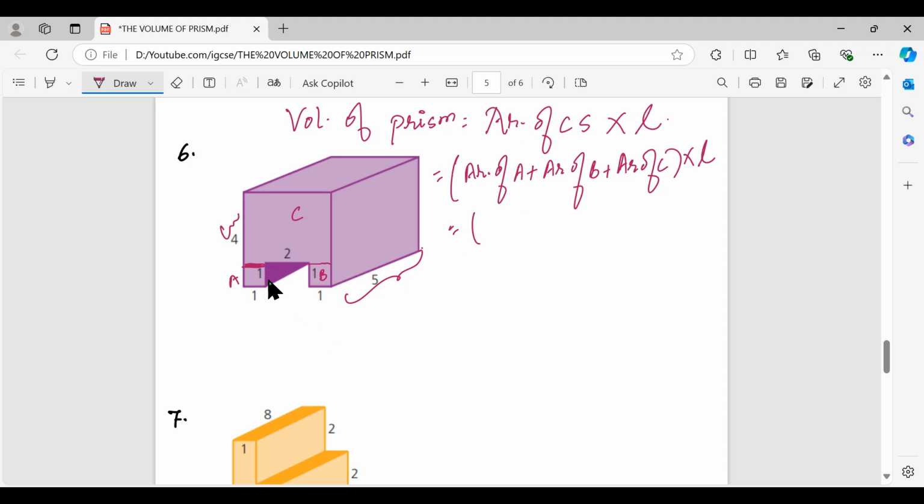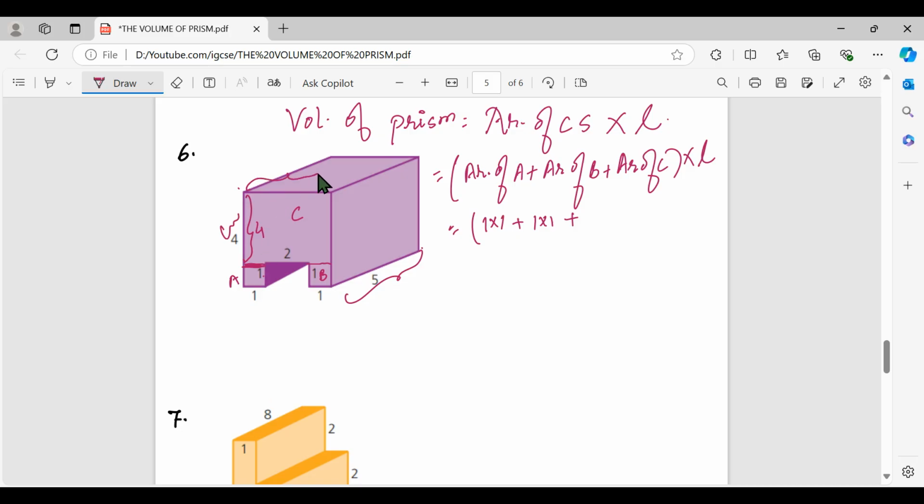Very clearly it is mentioned here 1, and this side is also 1. So we can write this as 1 into 1. This is a square shape only. Here also this is a square shape. 1 into 1 plus. Now let's see about this one. You can see this shape C, this rectangle C, has this length as 4. This is already mentioned.